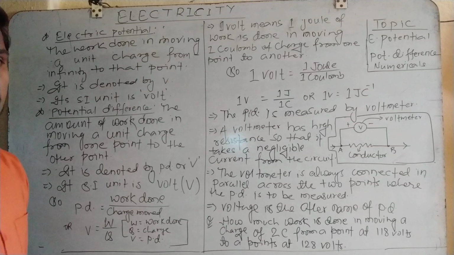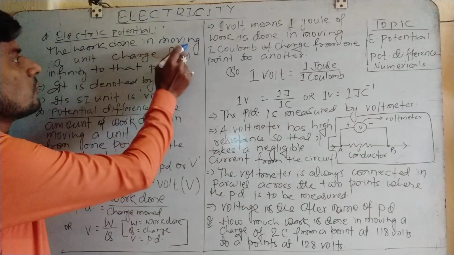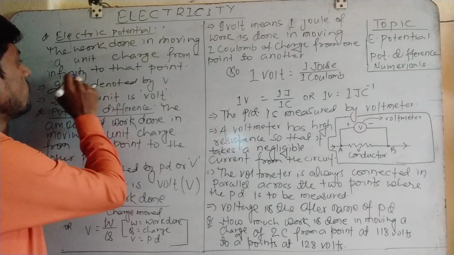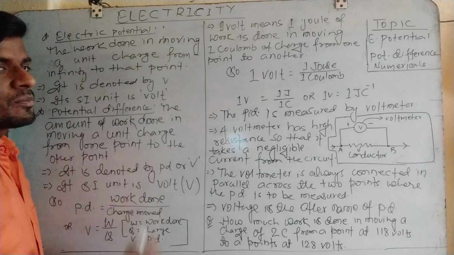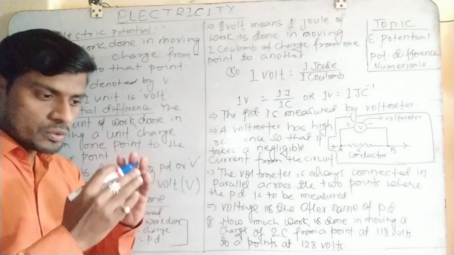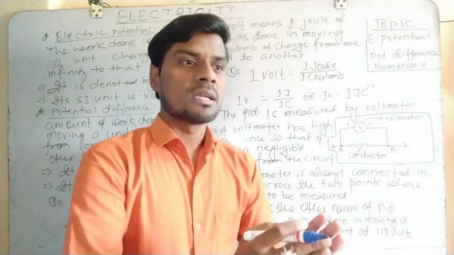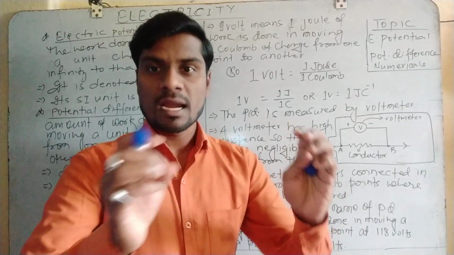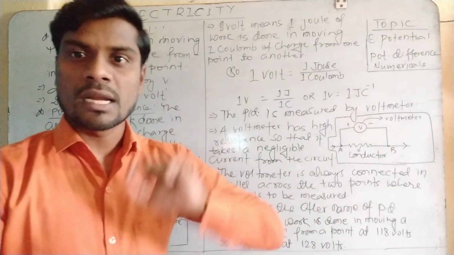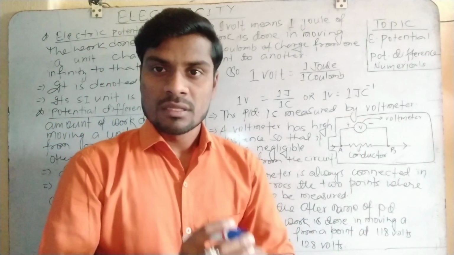What is electric potential? Electric potential means the work done in moving a unit charge from infinity to that point. You can understand it very easily like this. When a charged particle is placed in an electric field, the electric field applies a force on that charged particle and starts to do work.